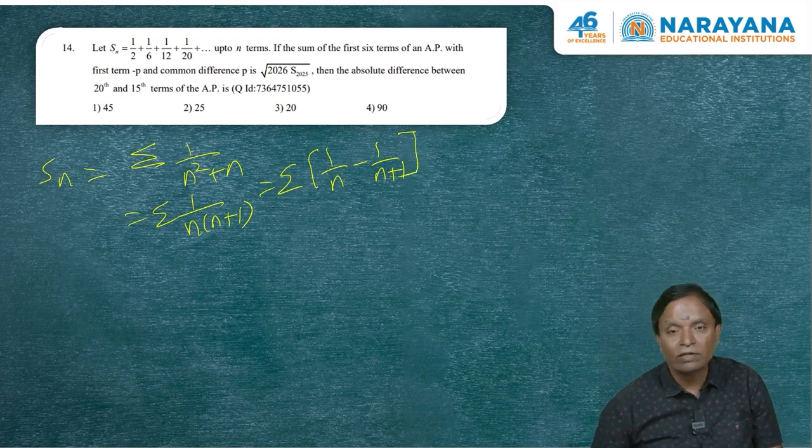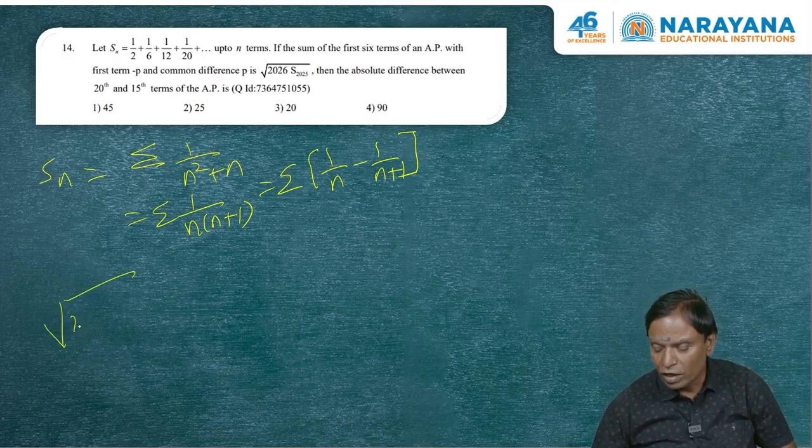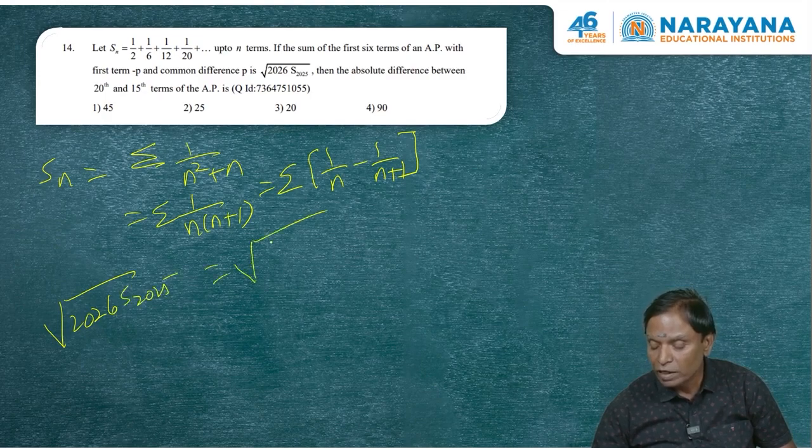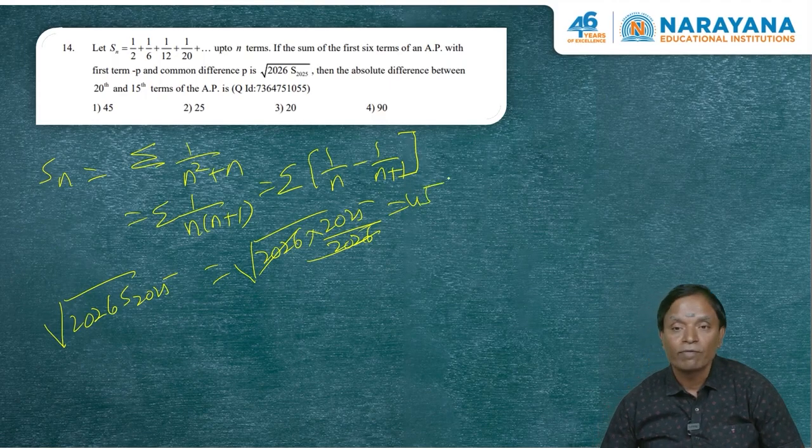Now you can evaluate the summation by using a telescoping series. So if you calculate √(2026 × S2025), this will be nothing but √(2026 × 2025/2026). This you can cancel, which gives you 45.